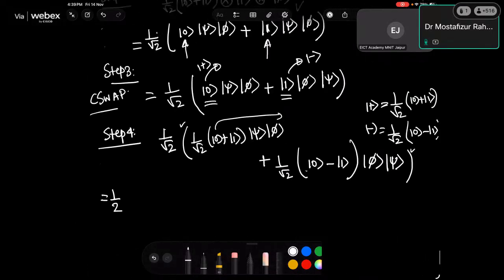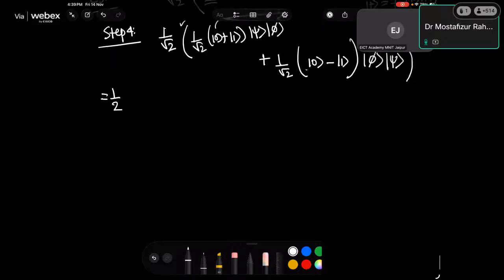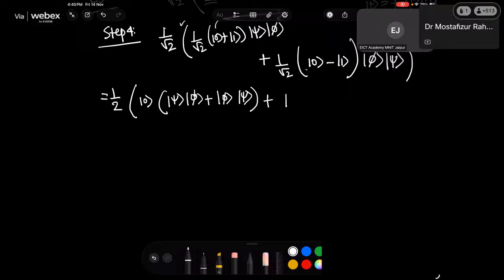So then what I'll get is something like this: 0 tensor product with psi phi plus phi psi, plus 1 tensor product with psi phi minus phi psi.